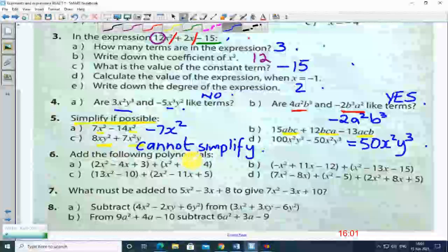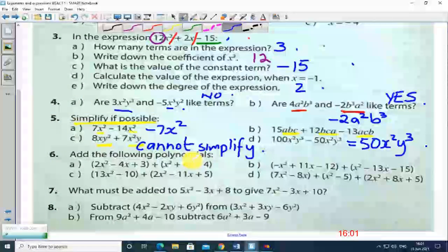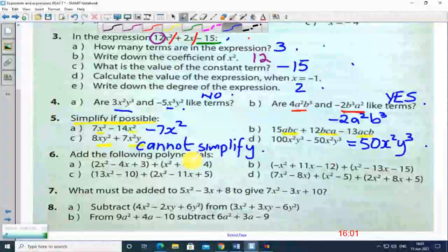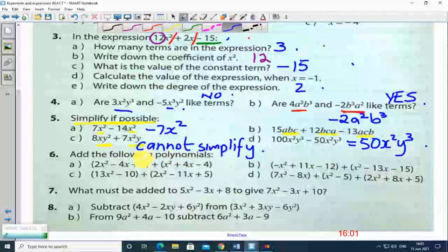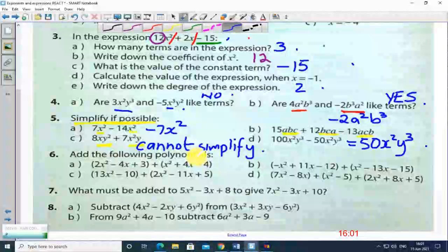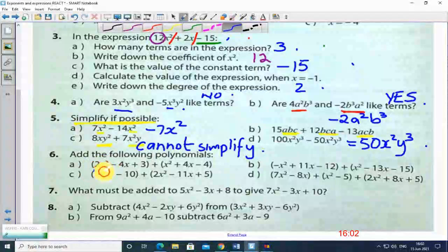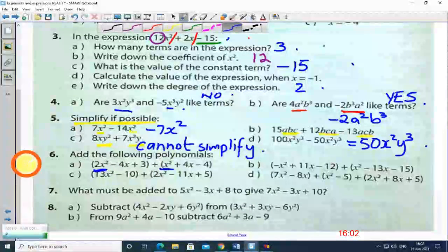Oh, minus 4x plus 4x. If I have minus something and then plus something, where do I land up? I land up with nothing. So that will be nothing. There will be no x's left over. And then this would be 3 minus 4, which would be minus 1. So the answer to that one, just as an example, before I move on to something else, the 2x squared plus the x squared gives me 3x squared.